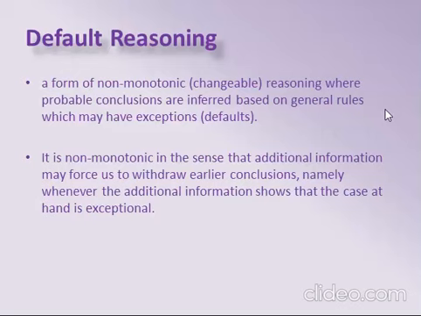It may happen that our assumptions made on some unavailable information may contradict it when it is available at a later stage, so that we may have to reverse our conclusions.